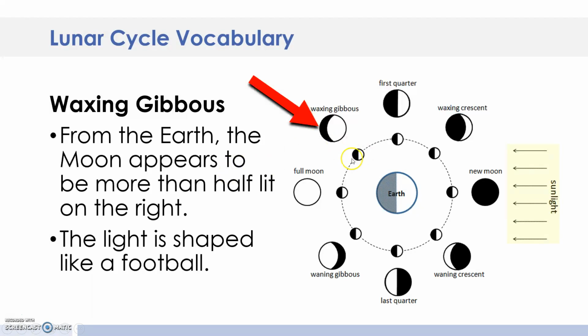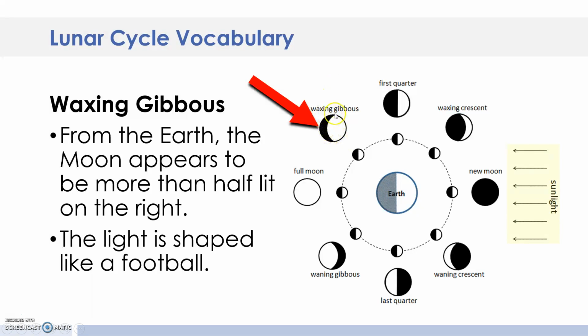And then as we go a couple of days further, we get to waxing gibbous. So remember, waxing means the light is still growing. So we're still in that part of the phases where the light is growing. So from the Earth, the moon appears to be more than half lit on the right side. So the light is kind of shaped like a football.